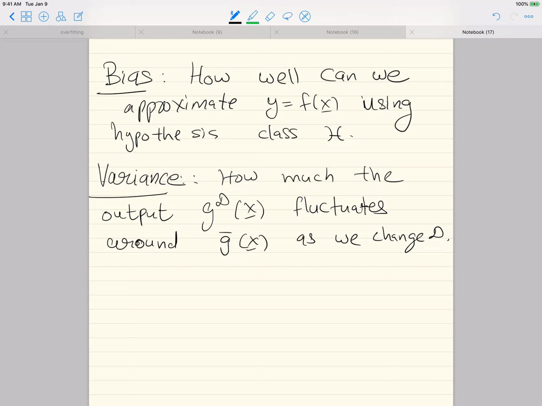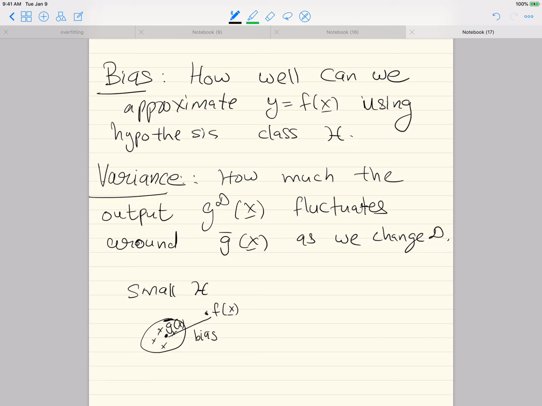So if you have a small H, then you will have maybe a small hypothesis class with few elements. F of x might not be in the hypothesis class, it might be outside, and your best approximation might be here. So this will be the bias.